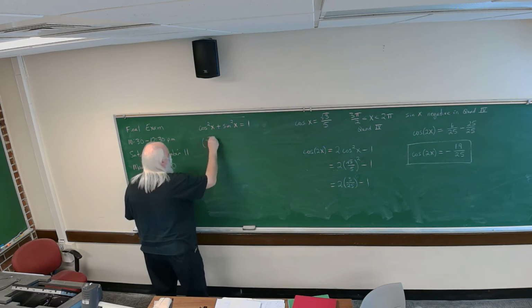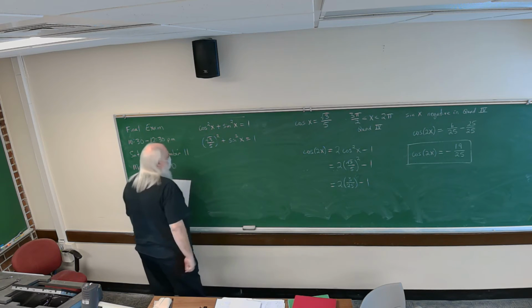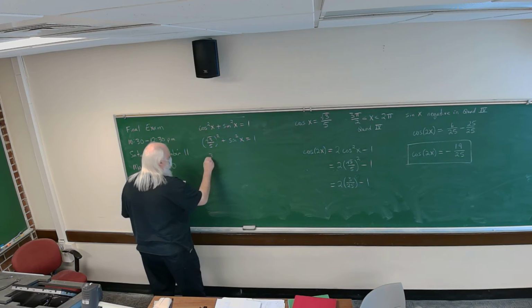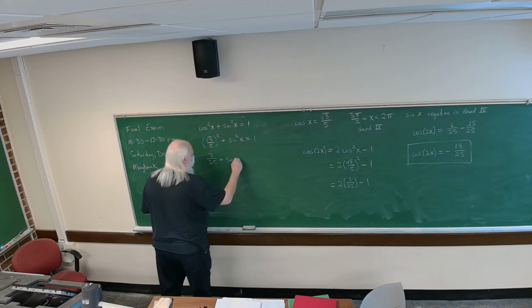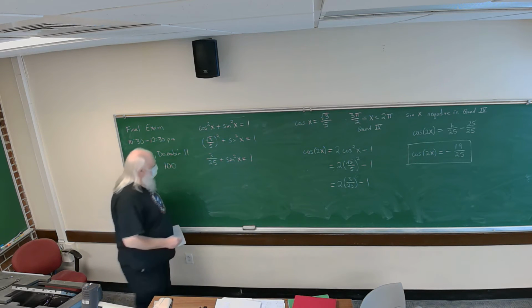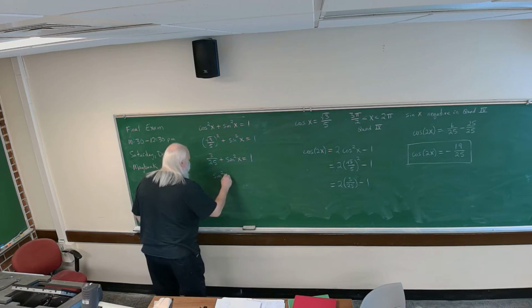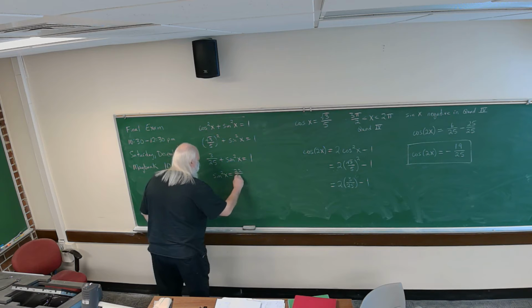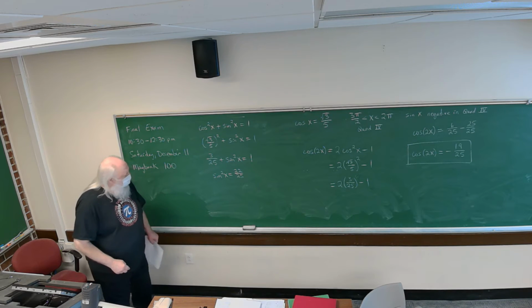Cosine of x is square root of 3 over 5, and square root of 3 over 5 squared is 3/25. And now I subtract 3/25 from both sides. And 1 minus 3/25 is equal to 22/25.